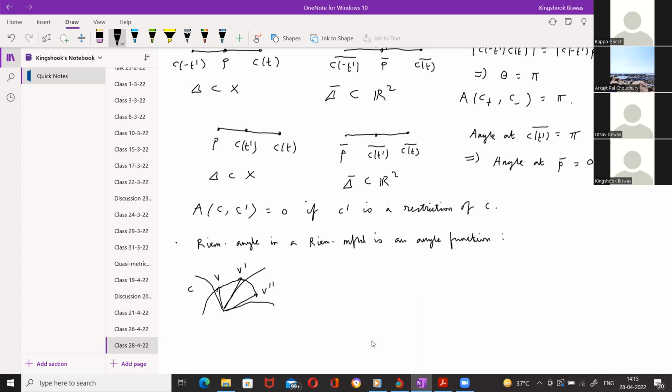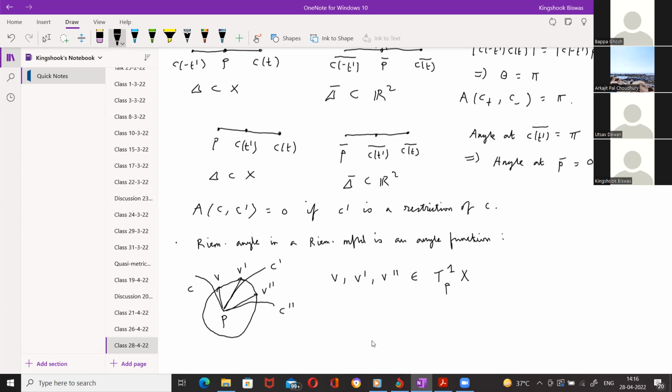So if this point is P, then we have V. This was C prime, and this was C double prime. So this is V, V prime, V double prime. These are unit tangent vectors. So these are in the unit sphere of T_P X, right?